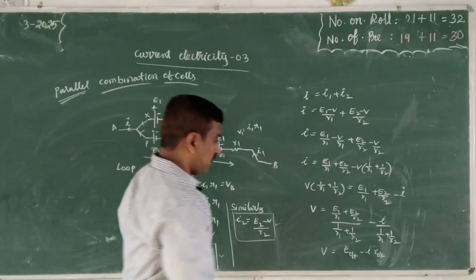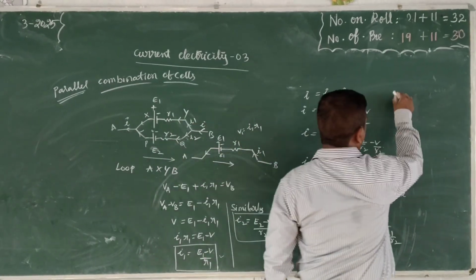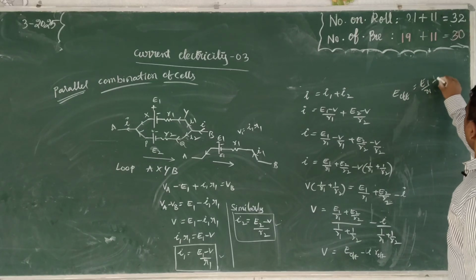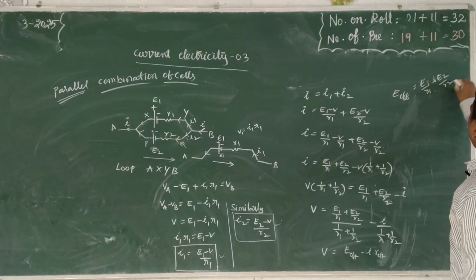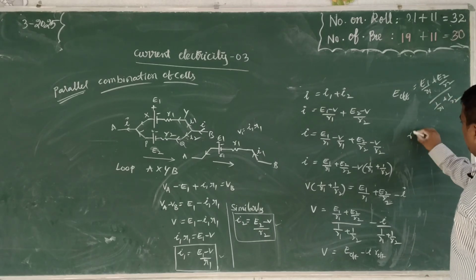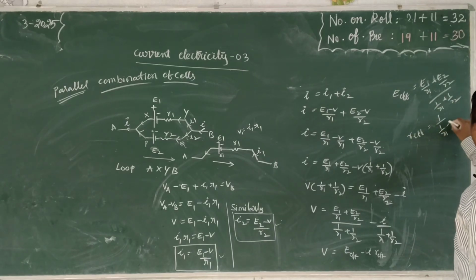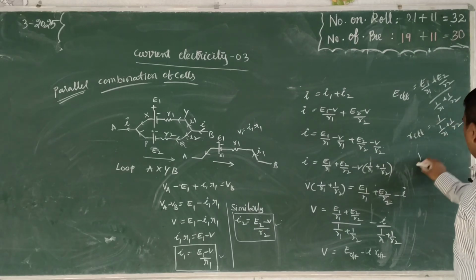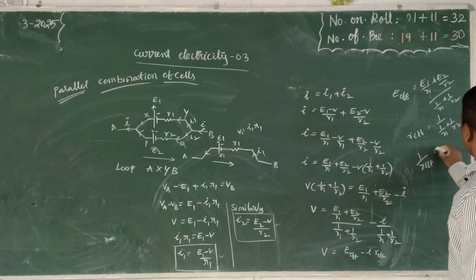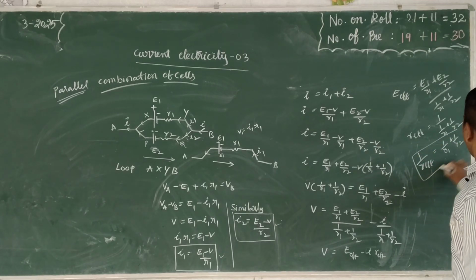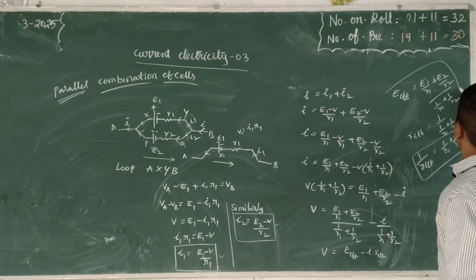So E effective equals (E1 by R1 plus E2 by R2) by (1 by R1 plus 1 by R2). And R effective: 1 by R effective equals 1 by R1 plus 1 by R2. It is the effective resistance.